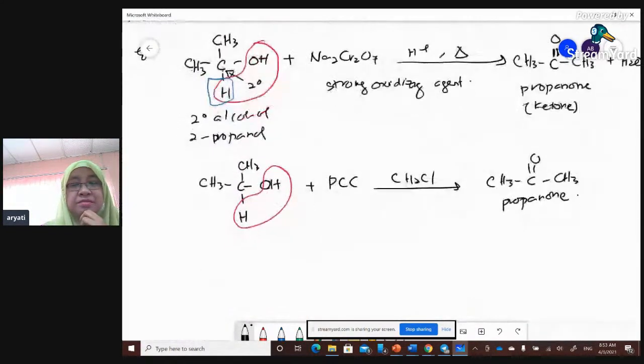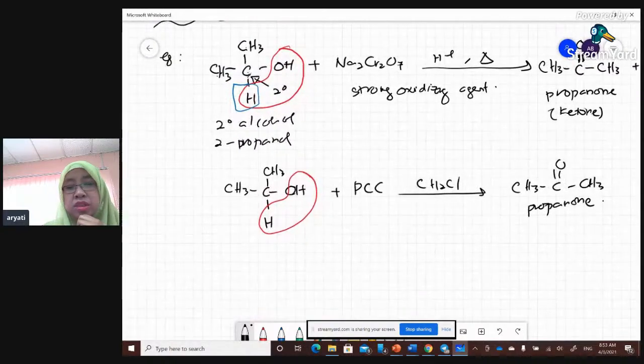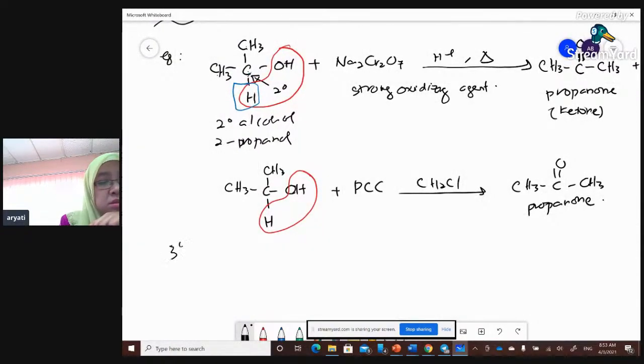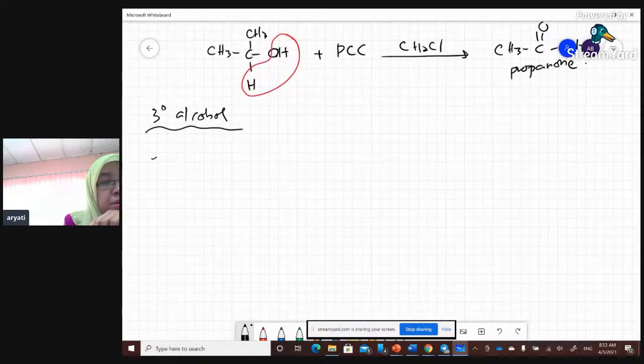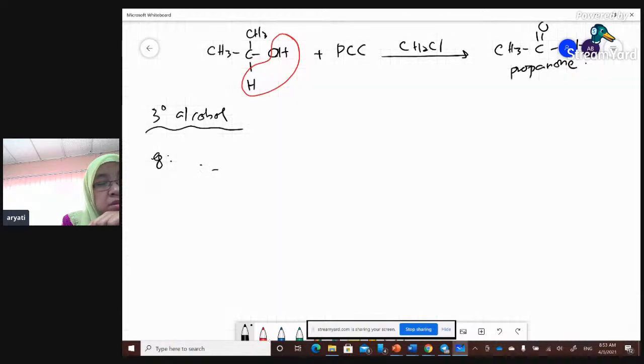Okay. So sekarang kita nak tengok tertiary alcohol undergo oxidation. Okay. Tertiary alcohol, example COH, CH3, CH3. So OH attached to this carbon attached to 1, 2, 3 neighboring carbon. So this is tertiary carbon. OH attached to tertiary carbon adalah tertiary alcohol.